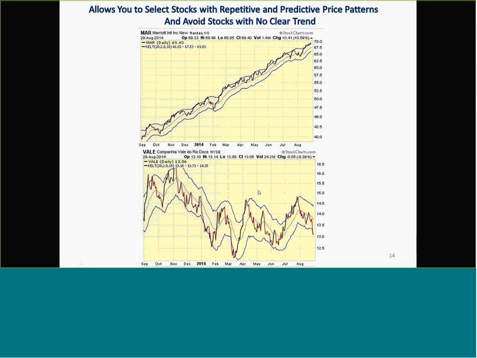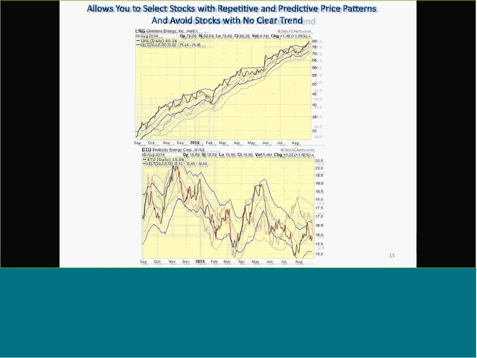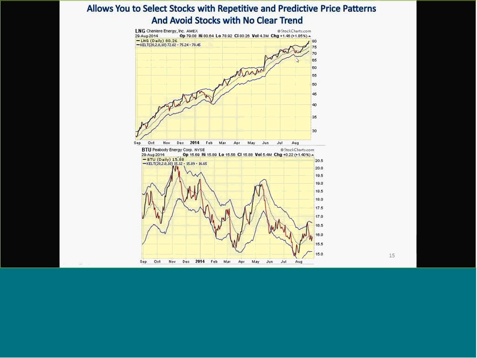So we just totally ignore stocks like this, and we just focus on stocks that have repetitive price patterns, and that's worked out really well. Here's another example. We have positions in Cheniere Energy. We can see very predictive, repetitive price pattern as opposed to Peabody Energy with really no clear trend.